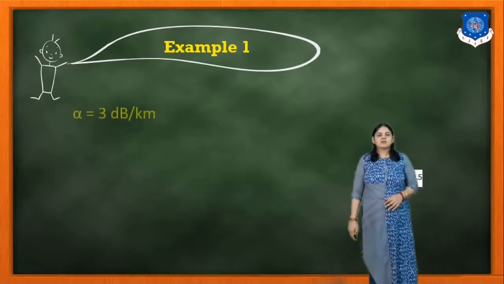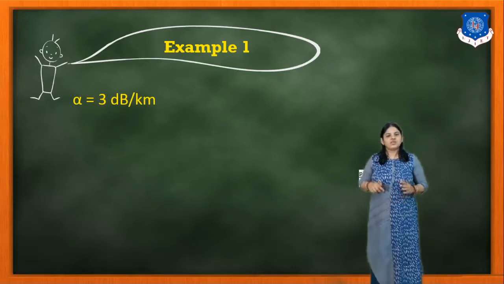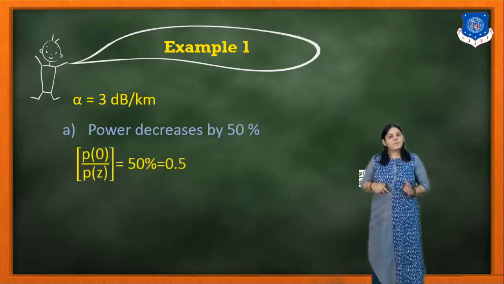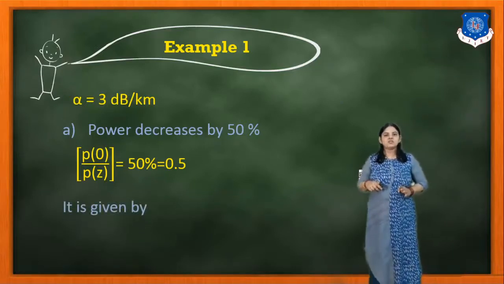So now alpha is equal to 3 dB per kilometer. The power decreases by 50%, so P0 by Pz is equal to 50%, and the value is 0.5.